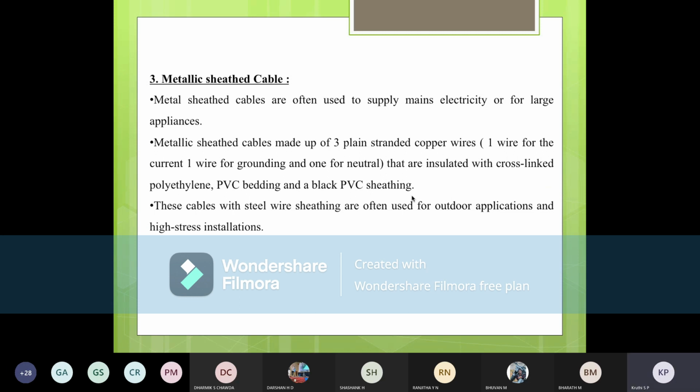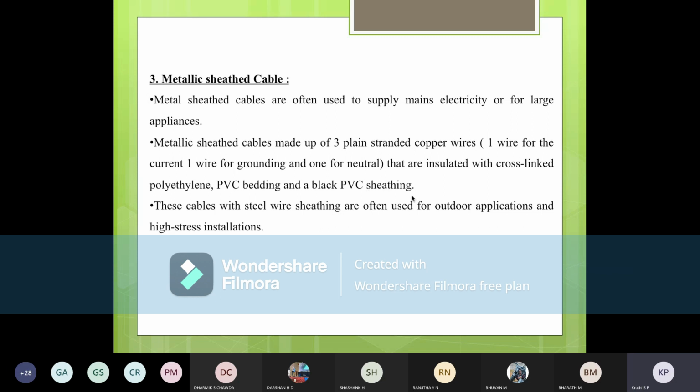Next is metallic sheathed cable. As the name says, it is an armored electric cable with metallic protection over the insulated conductors. Depending on the name only, we can say this. In non-metallic, it means we are not using metallic shielding.